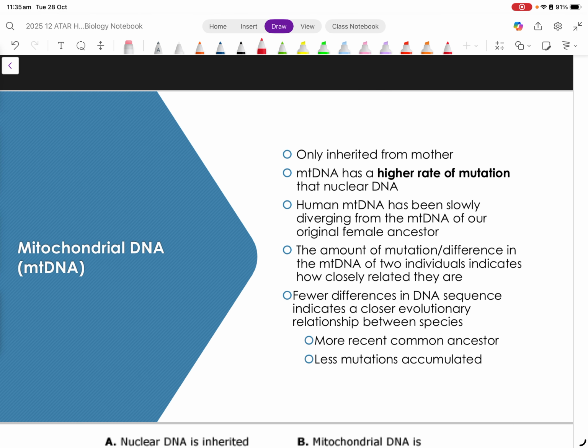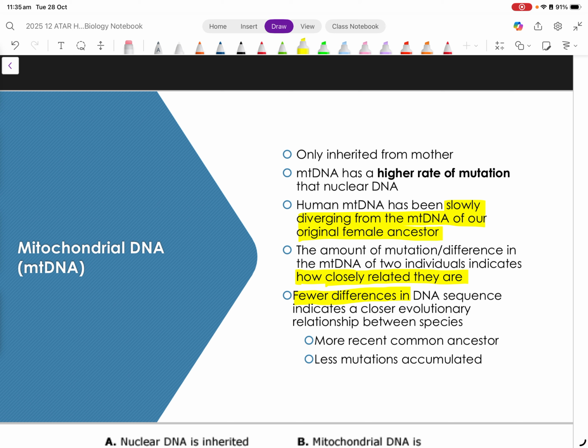Okay? So when we look at mitochondrial DNA, over time, it has been very slowly diverging from the mitochondrial DNA of the original female ancestor. Now, the amount of mutation or the difference in the mitochondrial DNA between 2 different individuals is going to indicate how closely related they are. So this comes back to our script once again.